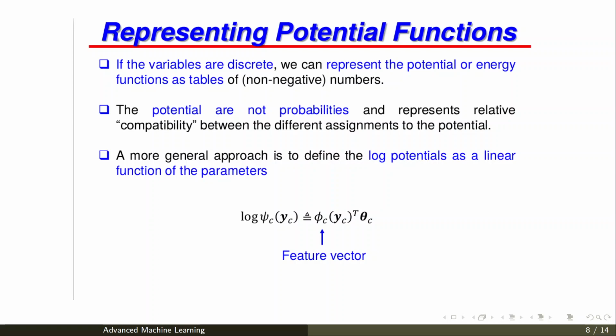In statistics, the log potential is expressed here as a linear model. Now, here is a general problem. The two tasks you need to perform are: what are these feature functions phi c?